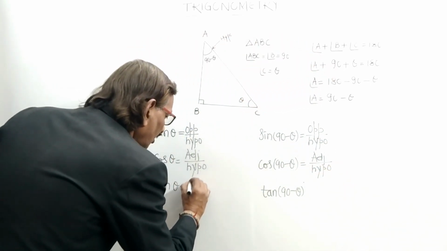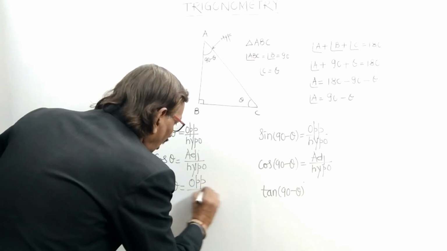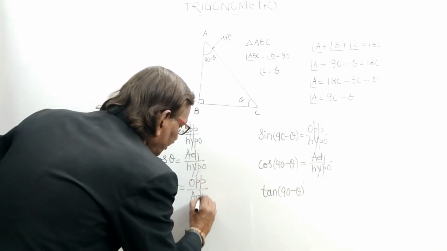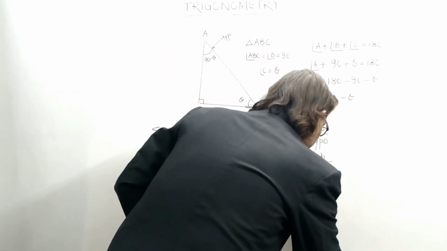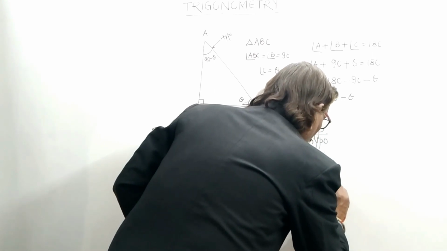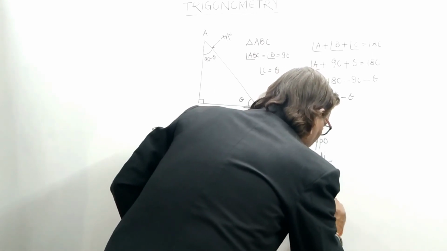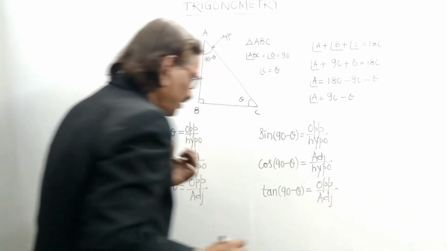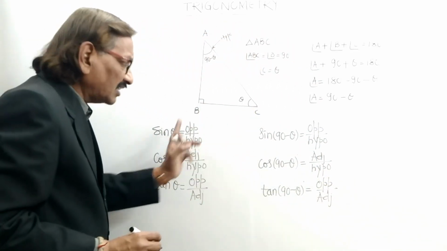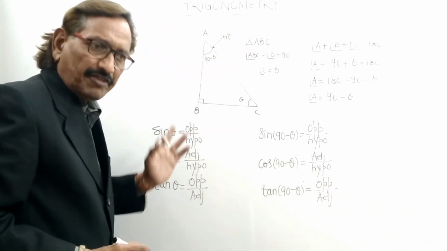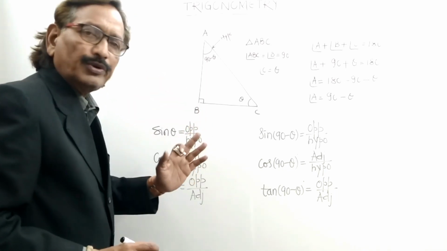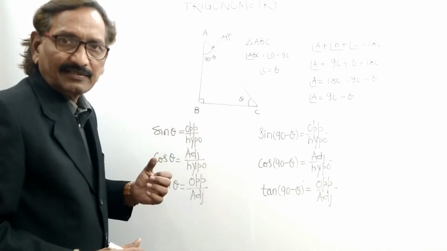Tan theta is opposite upon adjacent. 90 minus theta is opposite upon adjacent. Same ratios, but angles are differing this time. And we have to conclude something depending on these.